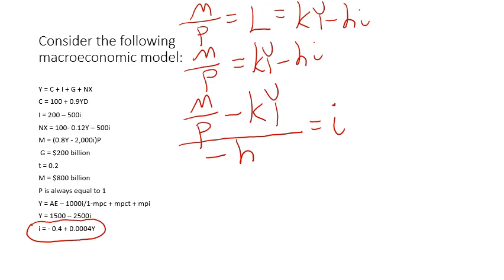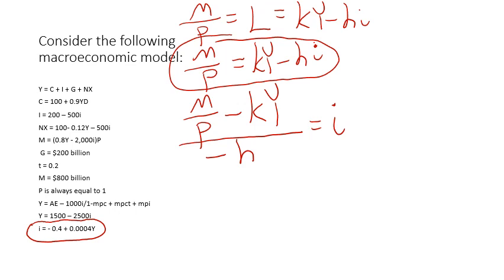All right. Again, what I've done is I've taken this equation and I've turned it into interest rate is equal to. All right. Now we're ready to put the numbers.